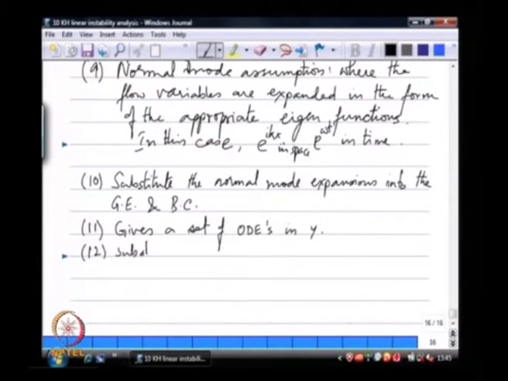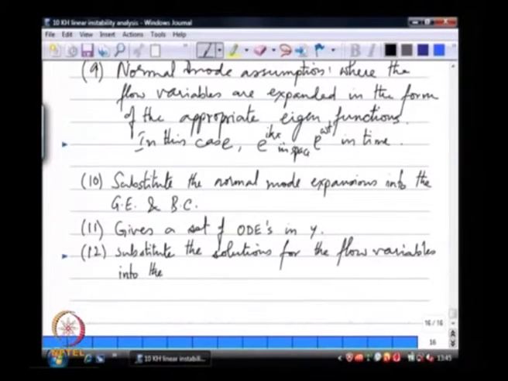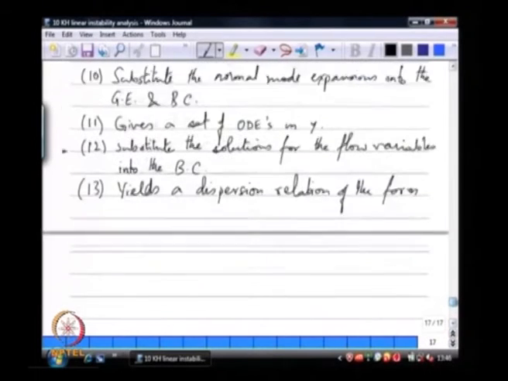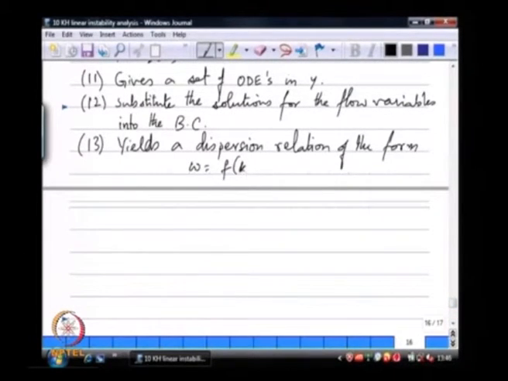So, substitute the solutions for the flow variables into the boundary conditions, and what that does is it yields a dispersion relation, omega equal to some function of k.